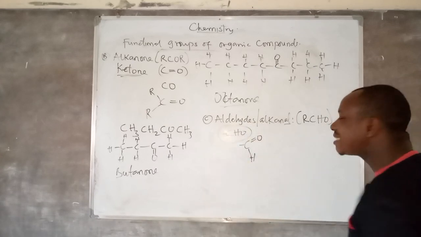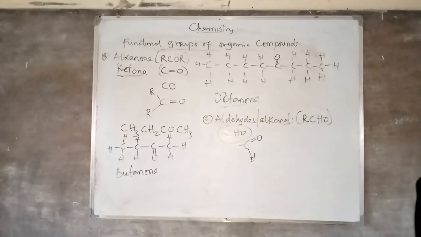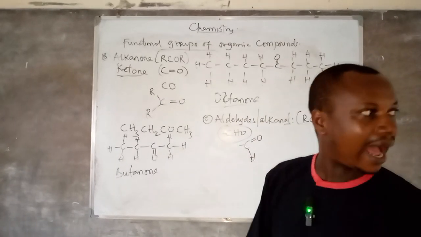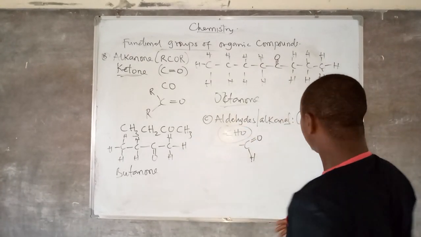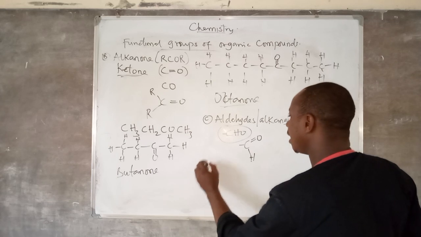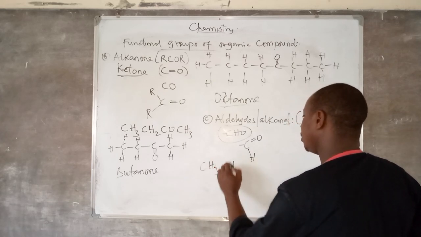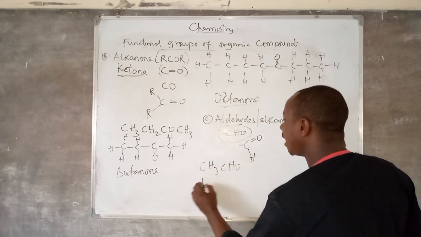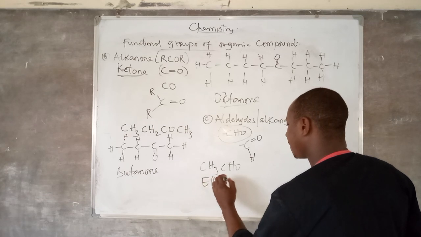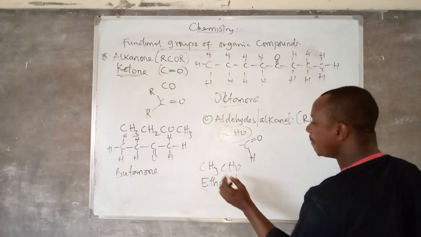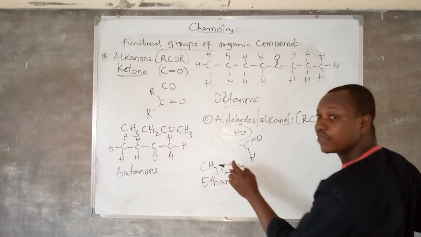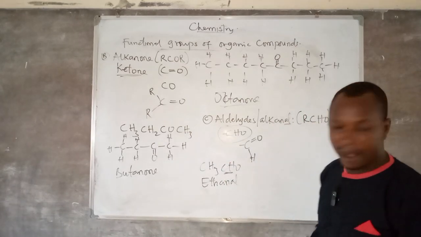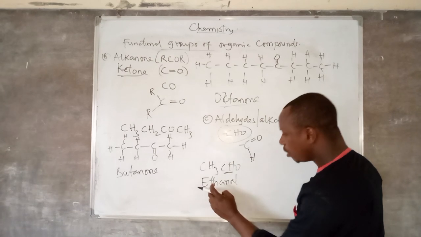This is what makes it an alkanal, or aldehyde. An example is CH3CHO, which is simply ethanal. Remember, the functional group is here. The carbon present in the functional group is added to the number of carbons in the compound. So 1, 2, ethanal.